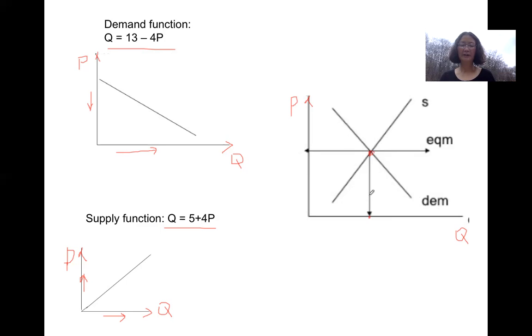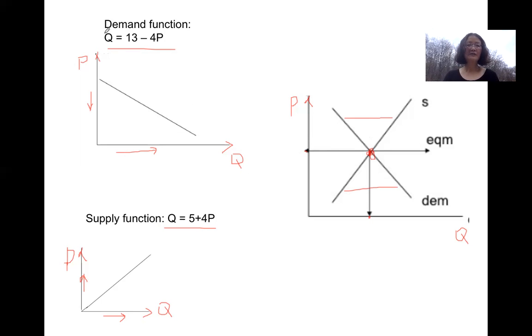This quantity is the same for supply and for demand. And also you have the same price for demand and for supply. There is only this one point. Okay. If it is not this point, it is either excess supply, for example if you are here, or excess demand if you are here.